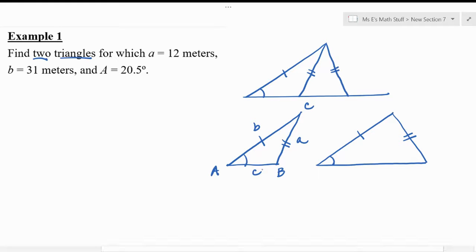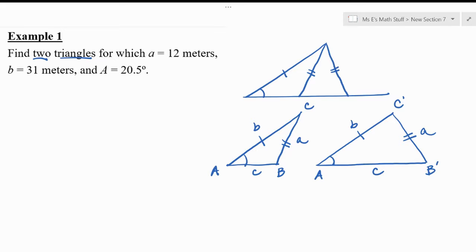Okay, I'm going to label this other triangle the same way. Notice though that this B value will be something different. So you could be legalistic and call it B prime because it'll be a little different. And then C would be something a little different as well. There we go. Otherwise, everything would be the same between the 2 triangles.